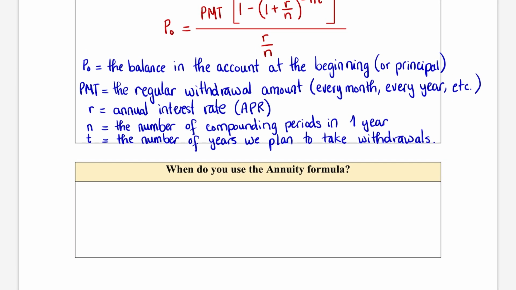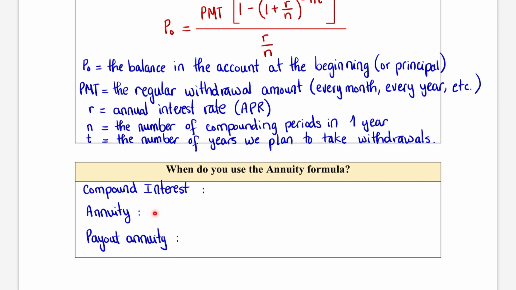Now, how do we know when to use the annuity formula, when to use the payout annuity, and when to use the compound interest formula? The compound interest formula and annuity formula are used when we deposit money into the account to earn interest.